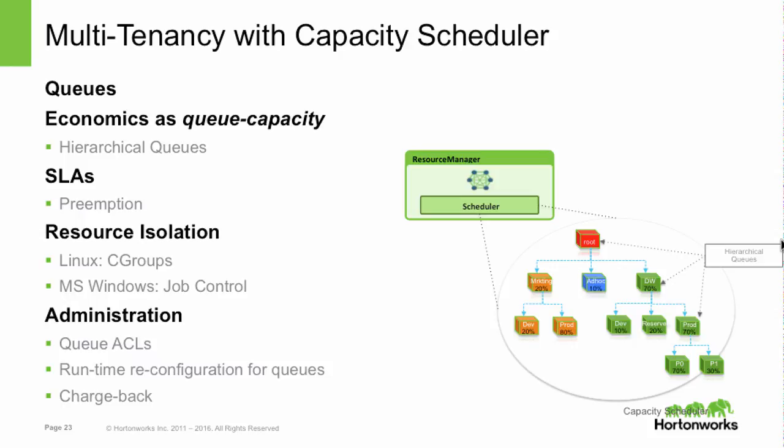So, multi-tenancy with the capacity scheduler is based on this notion of queues, a nested set of queues that are declared in percentages. It's hard to see here, but we're saying the data warehouse has 70%, the ad hoc has 10%, and maybe the marketing department has 20%.